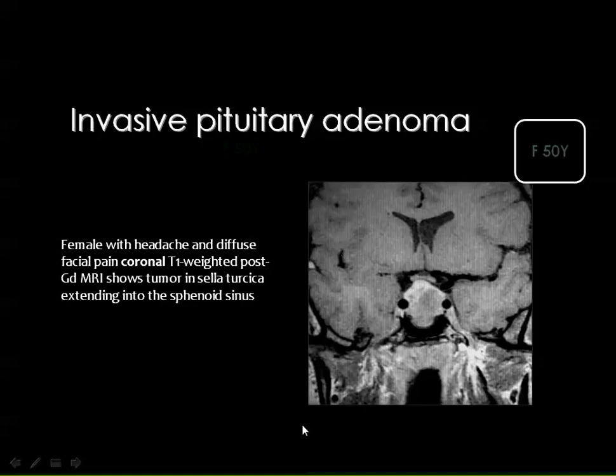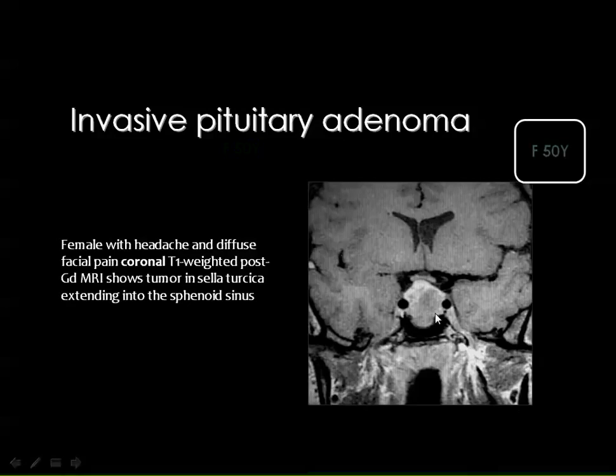Also, you know that some tumors can come to the paranasal sinuses from the adjacent parts, especially from the nasopharynx, which can invade the maxillary sinus sometimes, and also from the cranium, particularly from the sella.